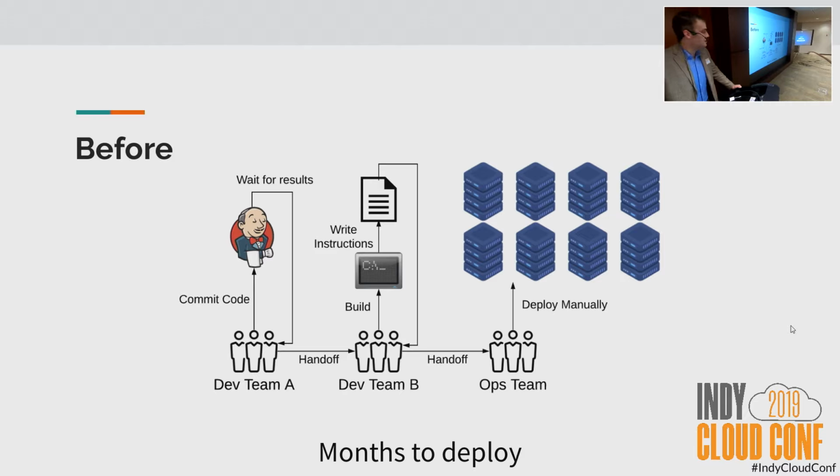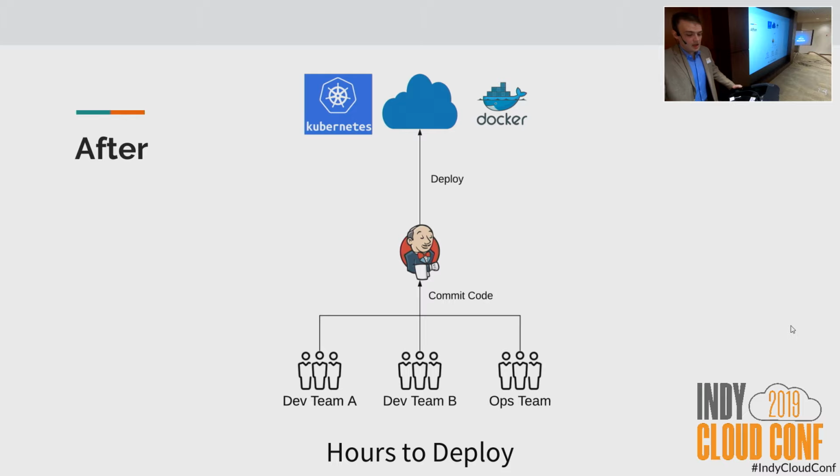There were multiple handoffs with teams that didn't necessarily work together. They were siloed, months to deploy. And after using some cloud technologies, Kubernetes, Jenkins, containers, we were able to get those months to deploy down to hours, where all teams could work in the code base and get feedback.